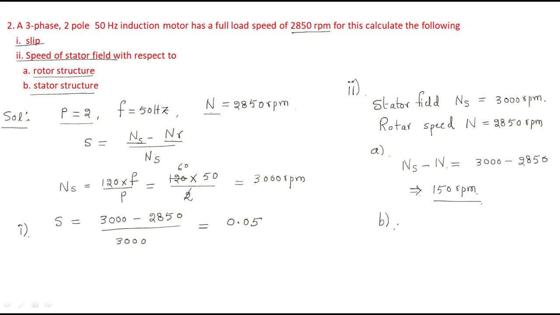Next, second: the speed of the stator field with respect to the stator structure. What is the stator speed? The stator is always stationary, that is always zero. But the stator field is always at synchronous speed. So the speed of the stator field with respect to the stator structure is Ns minus 0, which equals Ns. What is synchronous speed here? 3000 rpm.